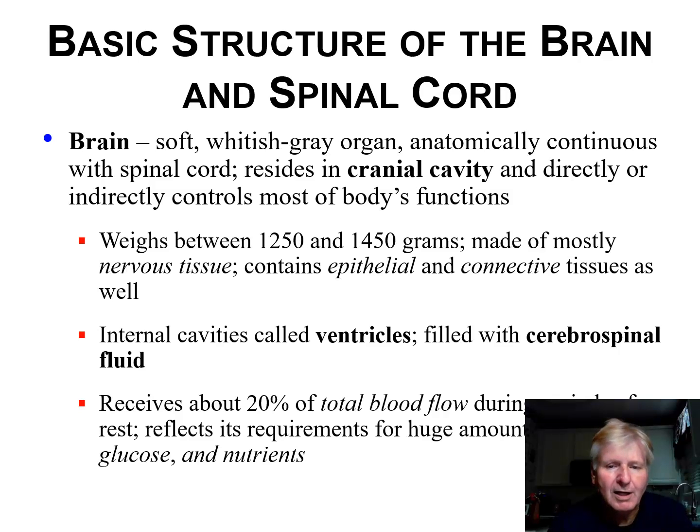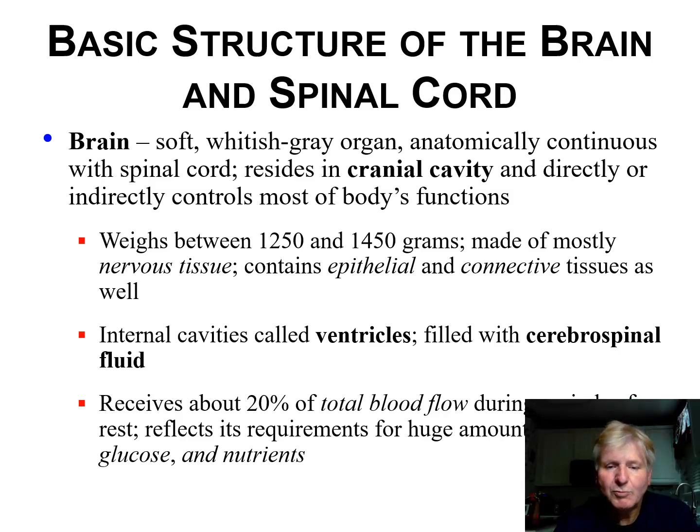What does the brain look like? It's soft and kind of a whitish gray appearance, and it rests in the cranial cavity, weighs between 1250 and 1450 grams. It's mostly nerve tissue, but it also contains epithelial connective tissues. The cavities within the brain, the limited cavities that are present, are called the ventricles, and they're filled with cerebrospinal fluid.